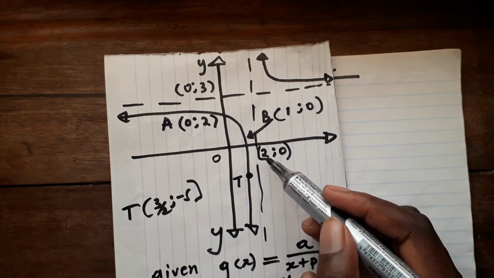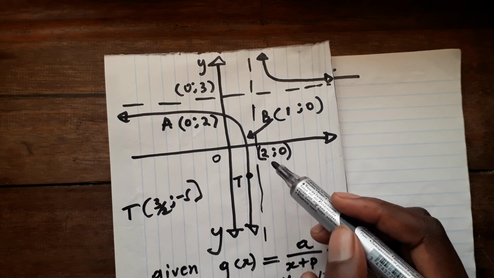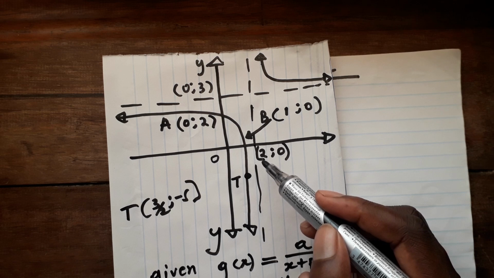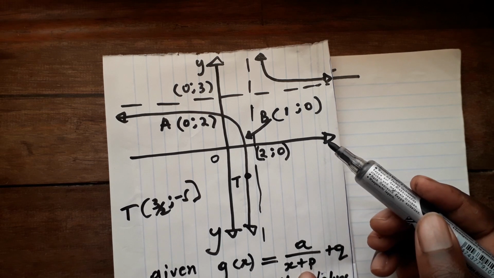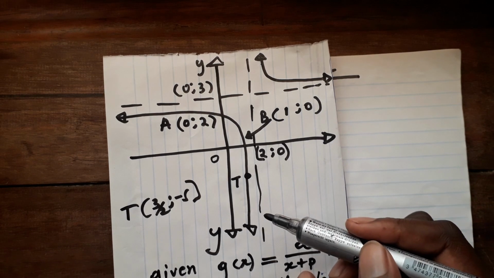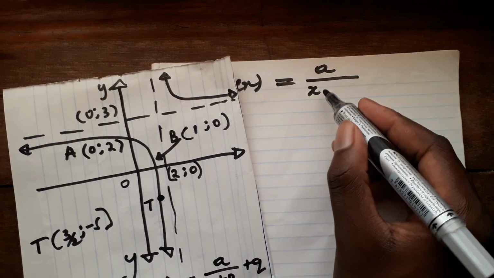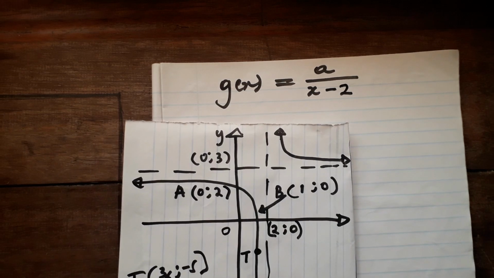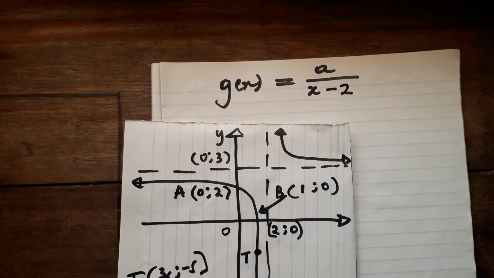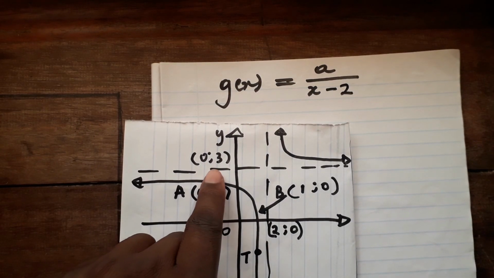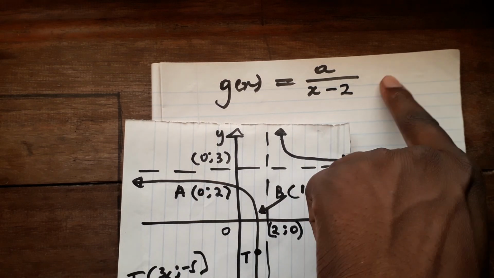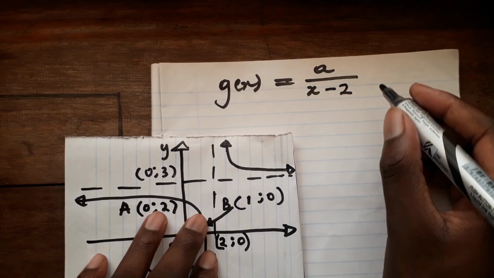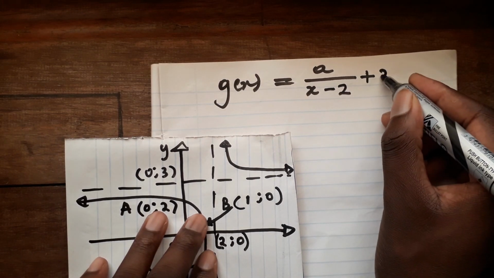When you take it back to the equation, it's going to change its sign. As you know, the value of p changes from the equation to the graph and from the graph back to the equation. Positive 2 is going to be -2. And then q doesn't change, as you know that. So we are going to take this one and put it there because q is the horizontal asymptote. So this is +3.